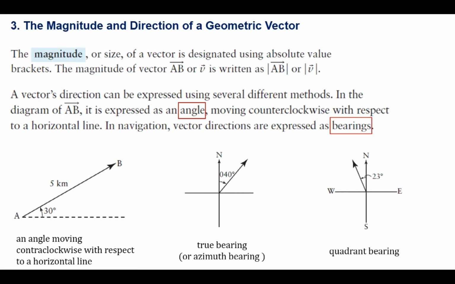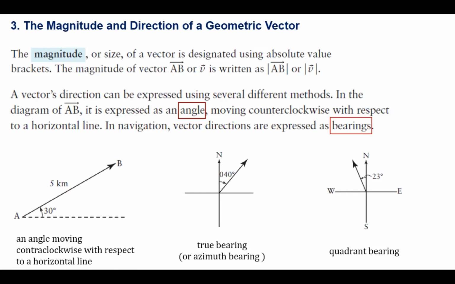On the other hand, a vector's direction can be expressed using several different methods. In the diagram of vector AB, it is expressed as an angle moving counterclockwise with respect to a horizontal line, which is shown on the bottom left. In navigation, vector directions are expressed as bearings.